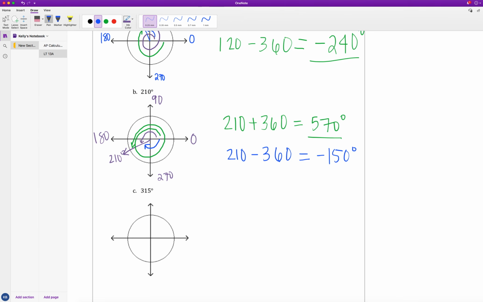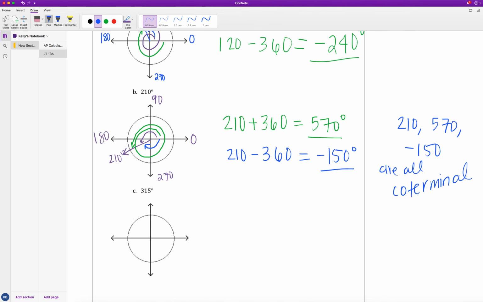So remember, I'm finding angles that are coterminal here, which means in this example that 210, 570, and negative 150 are all coterminal. Now technically for each one of these angles, I get an infinite amount of angles that are coterminal because I can keep adding more revolutions around this and just keep adding 360 degrees.